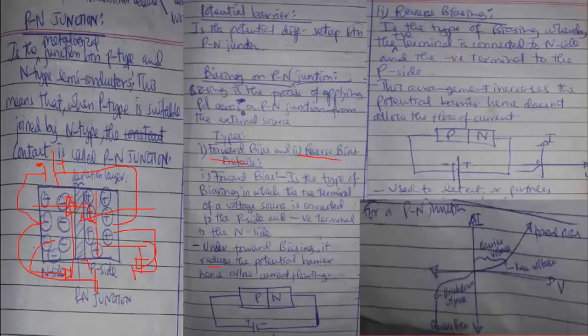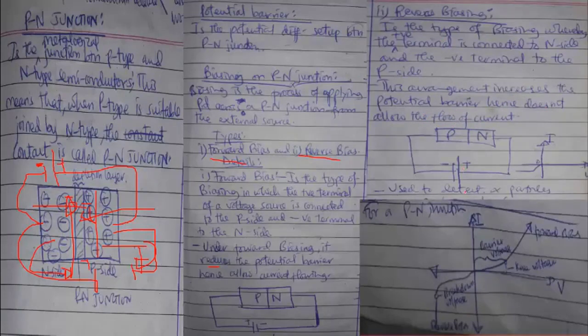That is why under reverse biasing it is usually very difficult for a p-n junction to conduct electricity. It's because the depletion layer is very large, just like the forbidden gap. Therefore it is difficult for the charges to cross that layer. So this arrangement increases the potential barrier, hence does not allow the flow of current.